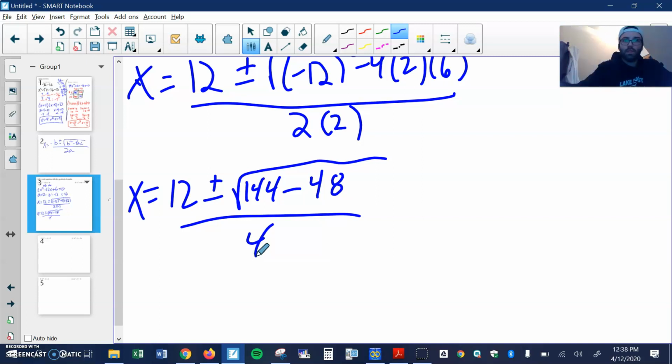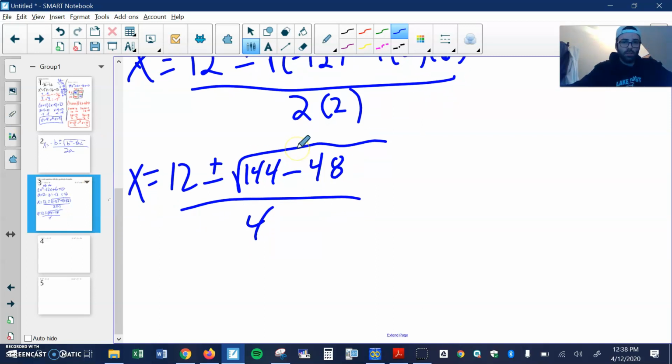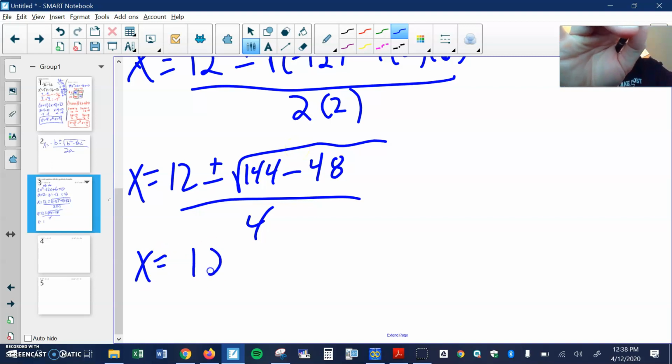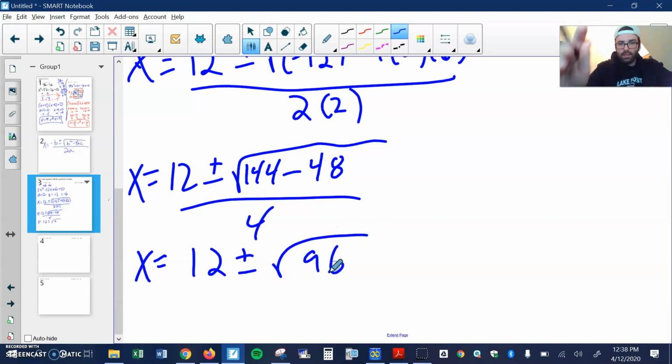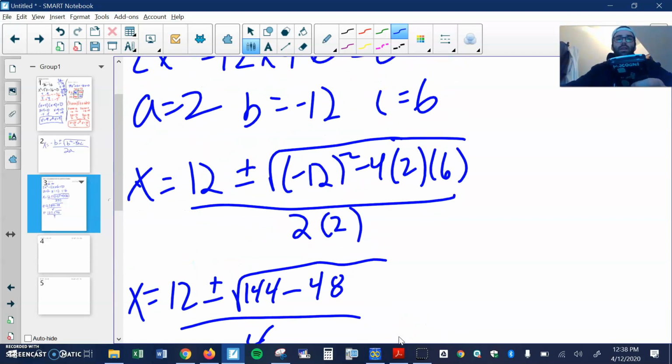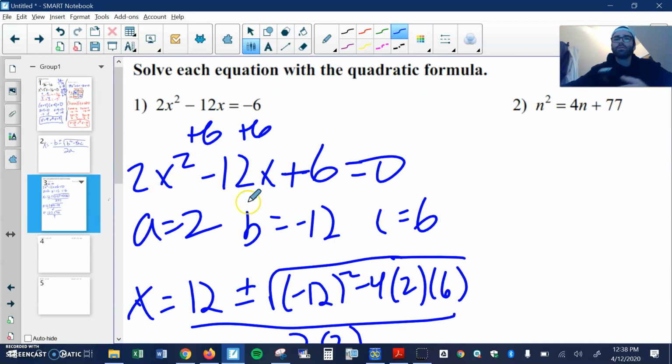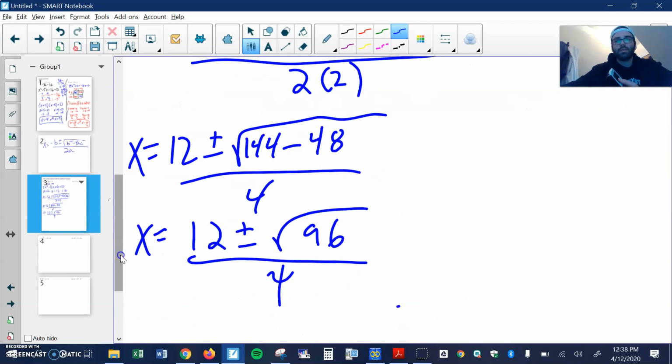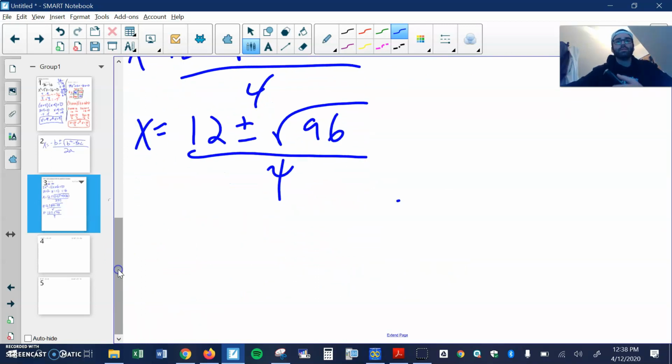144 minus 48 is 96, right? All over 4. Now, again, I could have taken out the greatest common factor of 2 at the beginning, and that would have made my numbers a little bit easier. But I want to just practice my quadratic formula, so I chose not to this time.